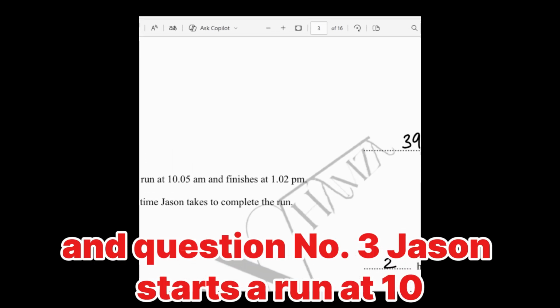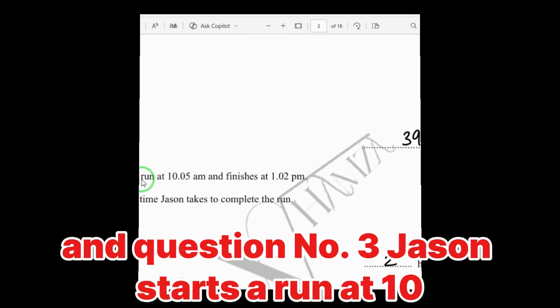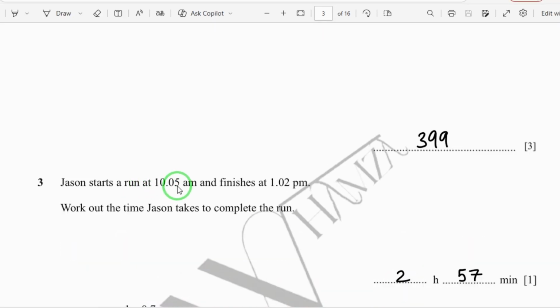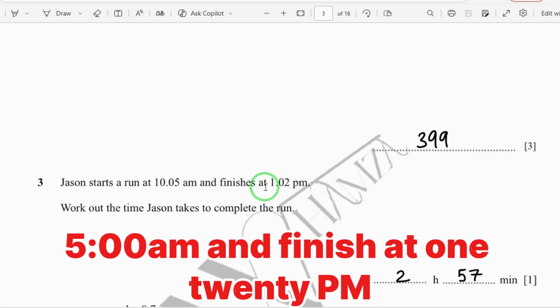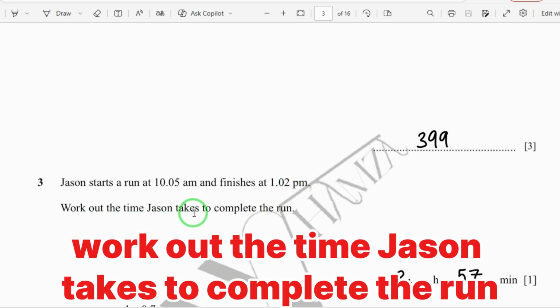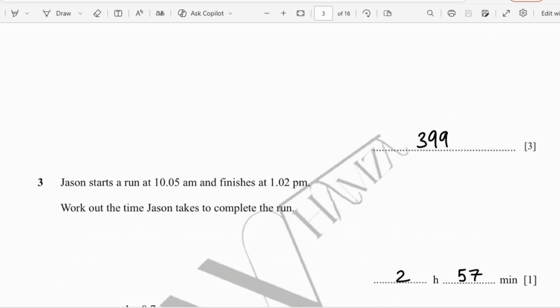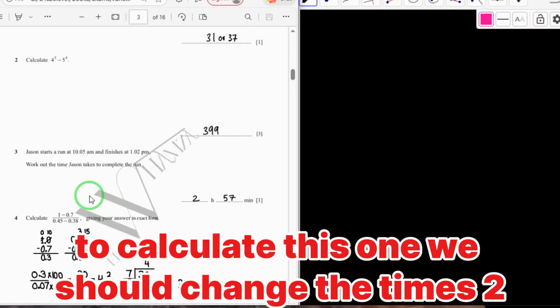And question number 3. Jason starts a run at 10:05 a.m. and finishes at 1:20 p.m. Work out the time Jason takes to complete the run. We should calculate this one. To calculate this one, we should change the times.